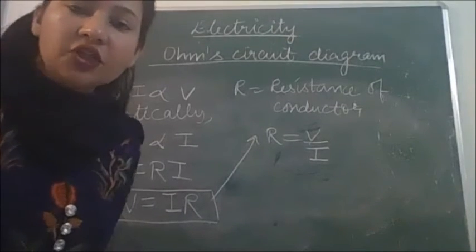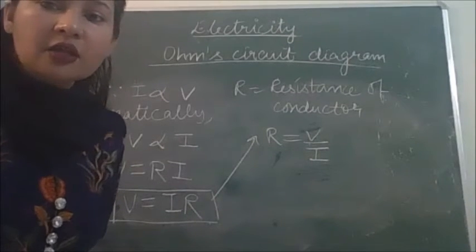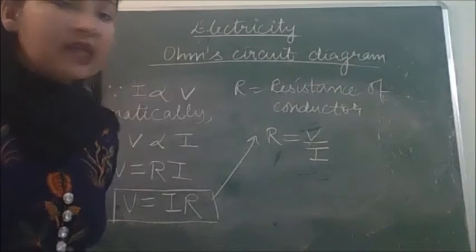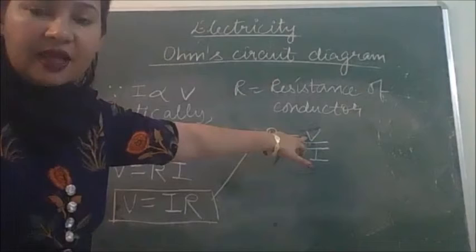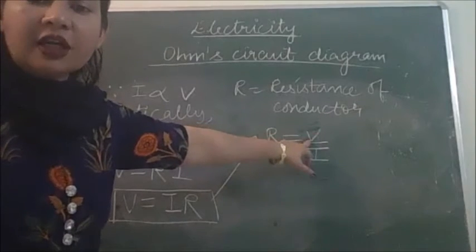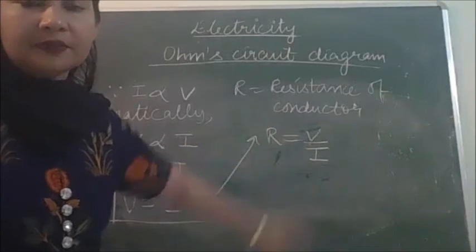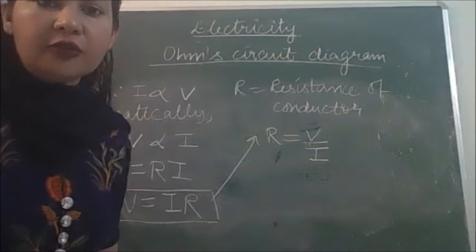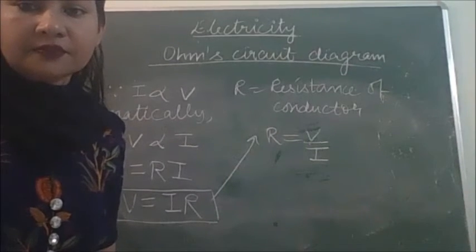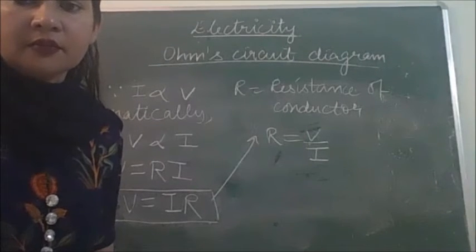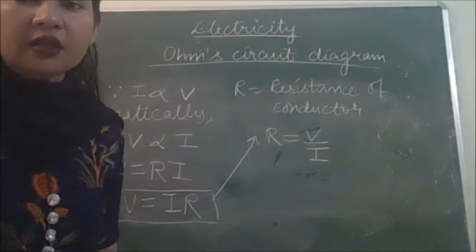Okay, one more definition you can write. Both are correct. So you can write as you wish. Resistance is also defined as the ratio of potential difference between the ends of conductor to the current flowing through it.